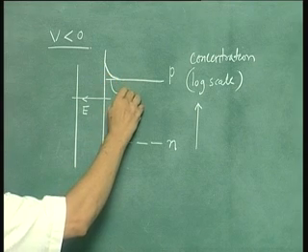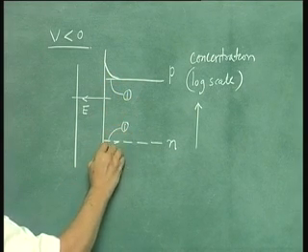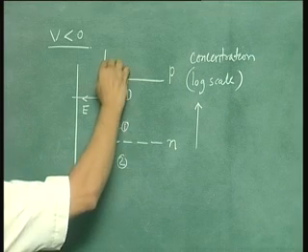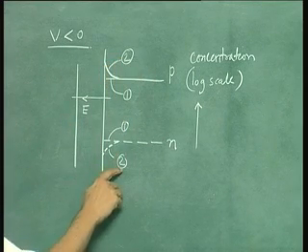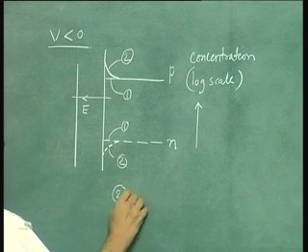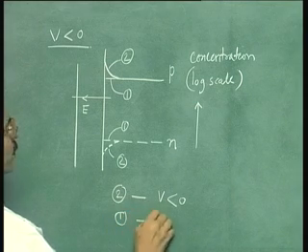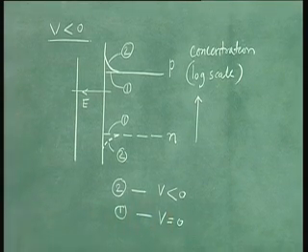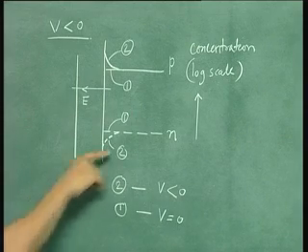Now this is 1 and this is 2, where 2 corresponds to V less than 0 and 1 corresponds to V equal to 0. So these are the conditions for holes and electrons in the device.